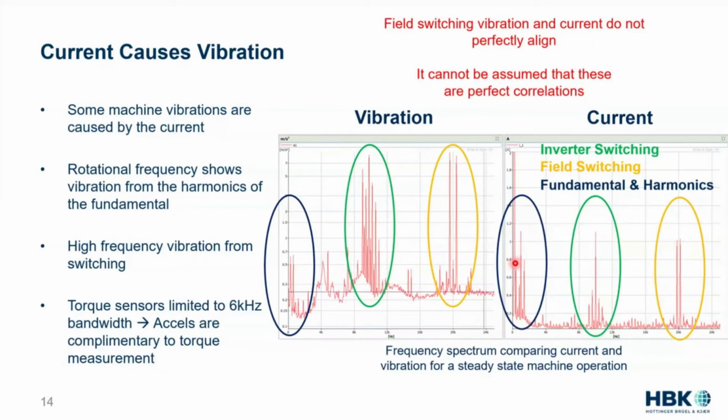So we really cannot make the assumption that current and vibration are directly correlated. There's definitely something causing both of these, but there's some sort of transfer function or some sort of resonated vibration going on that's making these slightly different.